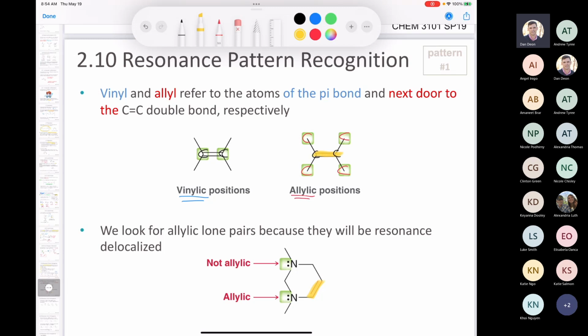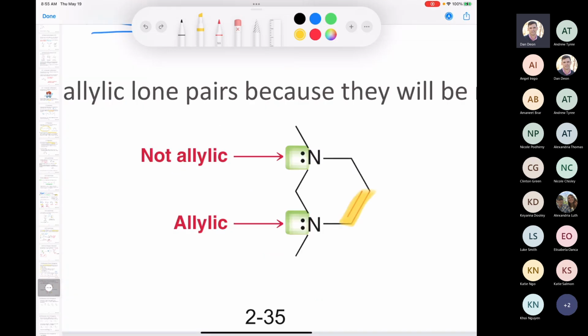It's when you have a double bond and then 1 atom away from the double bond. Whether it's this one, this one, this one, doesn't matter. So carefully, we have the double bond. Let's start over here. We have 1 atom away where I have the circle. And let me put a triangle around it. That is an allylic position. Is there a lone pair there? No lone pair at that position.